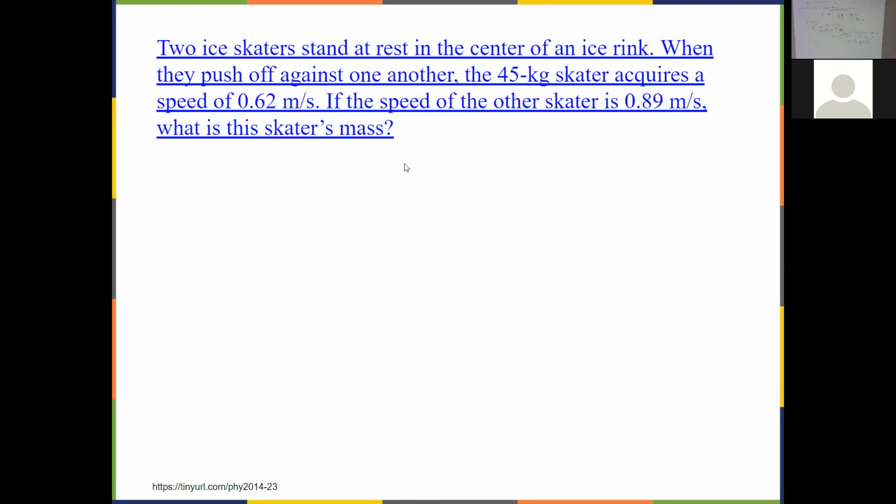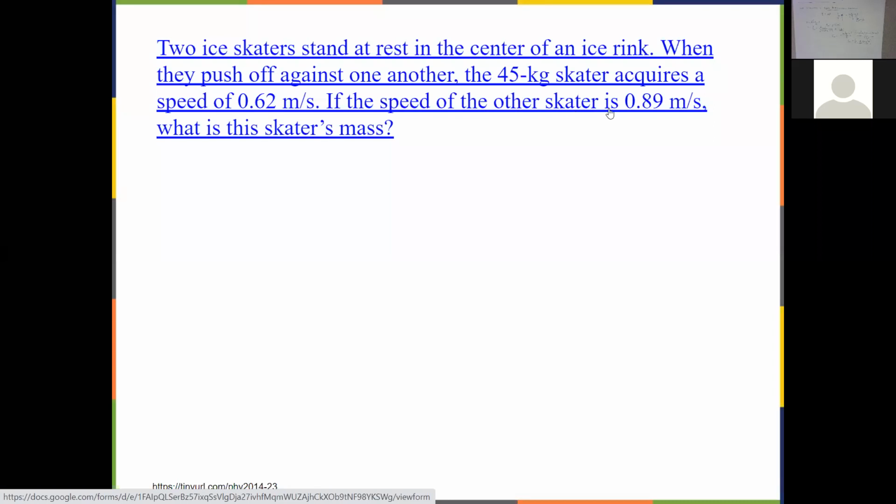They start with zero momentum because they are at rest. For the final momentum, one acquires this speed, so m times that will be the momentum. The other one will have mass times its speed.